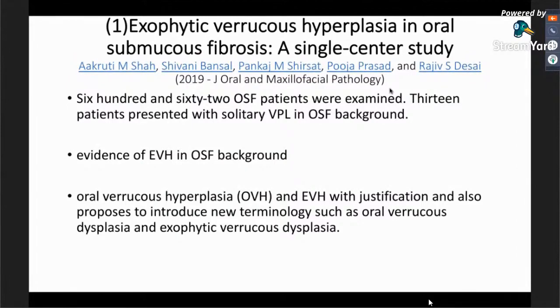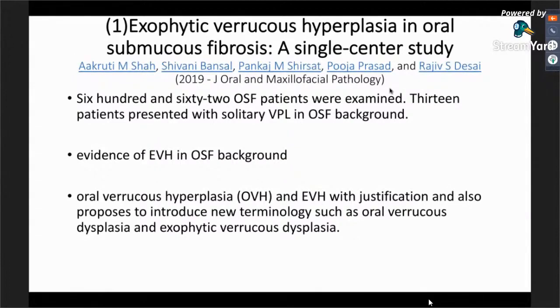They actually do, if I'm not mistaken, use a well scope to look into the possibility of it having dysplasia. And after discussing this issue, they felt that there is a flat variety which can be called oral verrucous hyperplasia, and there is the other variety which is called exophytic verrucous hyperplasia.